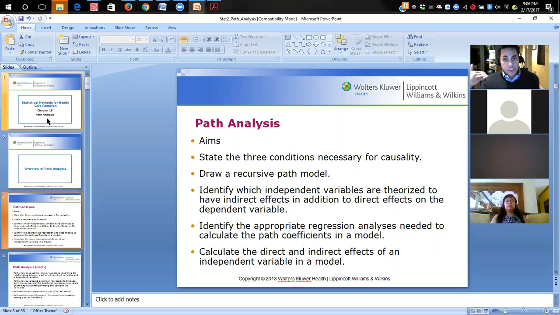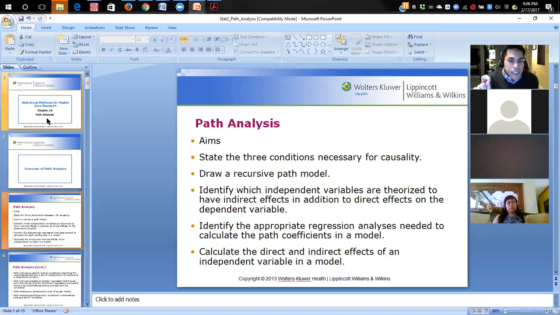This is where the real work of path analysis is, when we look at the mathematics behind the indirect effects as well as direct effects of the independent variables that are theorized.